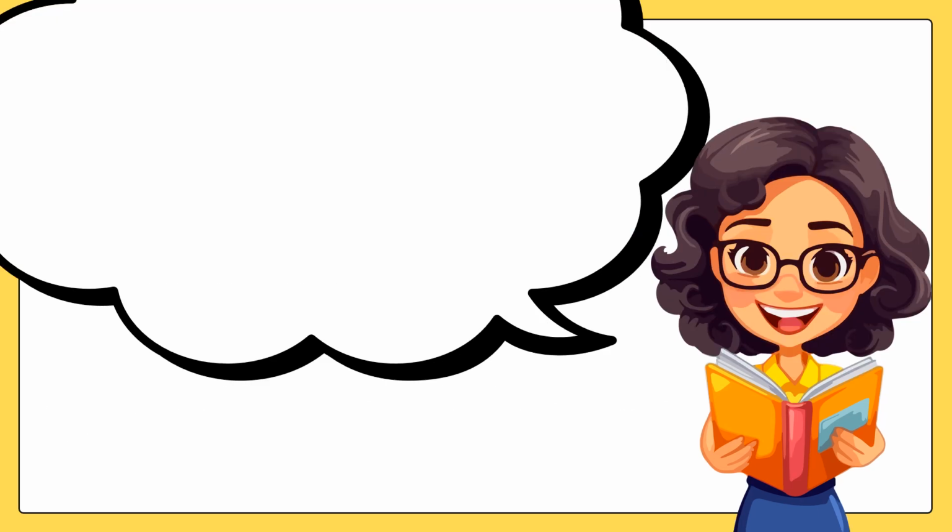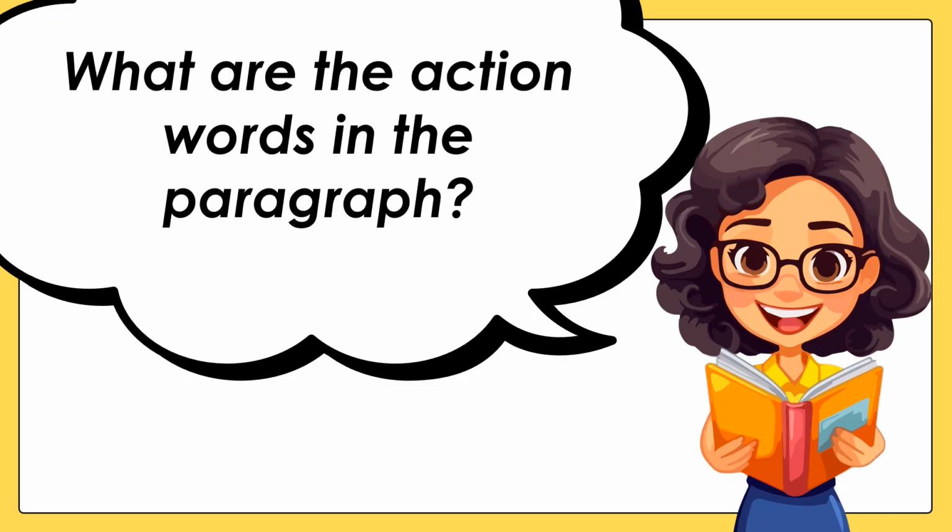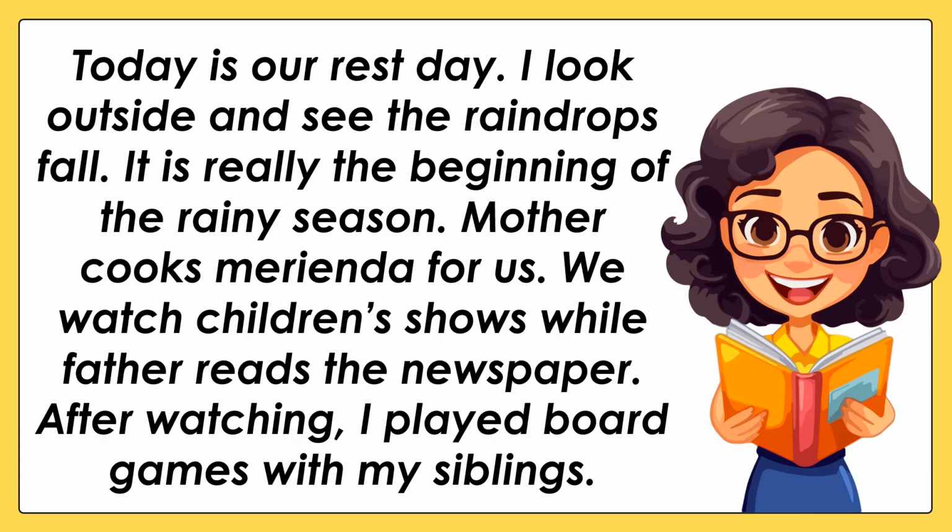Now, what are the action words in the paragraph? Let's see. This time, let us circle all the action words. Today is our rest day. I look outside and see the raindrops fall.